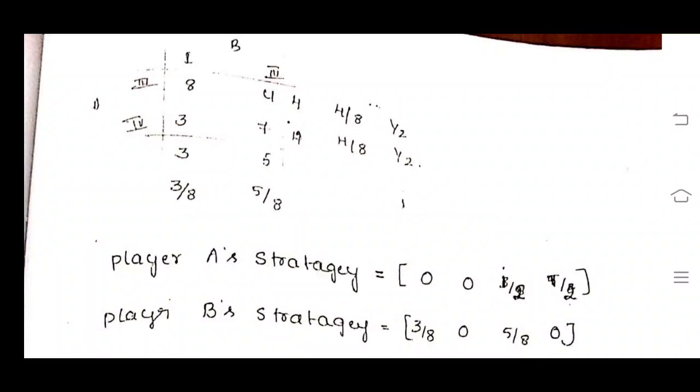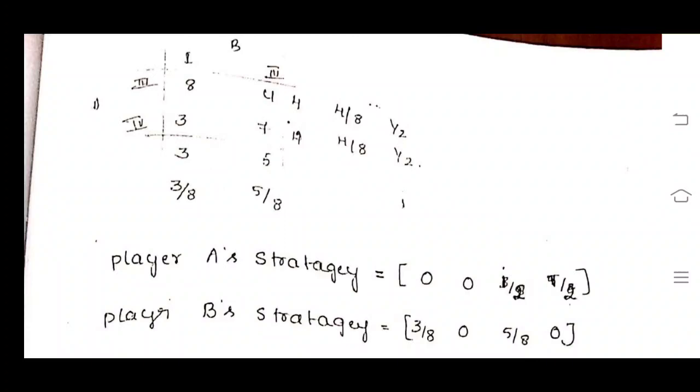Similarly, for player B, if you look at the final 2 cross 2 matrix, the leftover columns are only the first column and the fourth column. It means that we have calculated the probability values only for those columns, and the remaining columns, the second and third, will be deleted. For those, the probability value is 0.